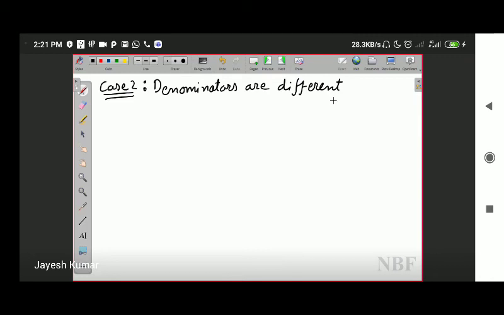So what should we do in case of denominators being different? Okay, let's see. First of all, write down this, and then we will discuss some questions. In this case, first of all, we take LCM of denominators.